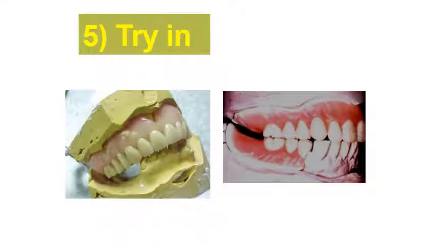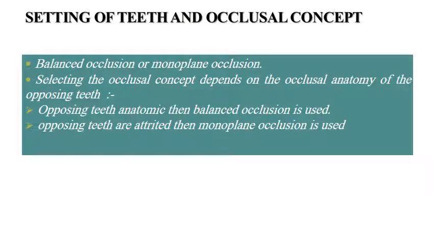This is the trying stage. As you see in this picture, after correction of the occlusal surfaces of the teeth, this is the correct occlusal plane for the upper complete denture opposed by artificial partial denture and natural dentition. There is an intimate contact between upper and lower teeth equally for all teeth.